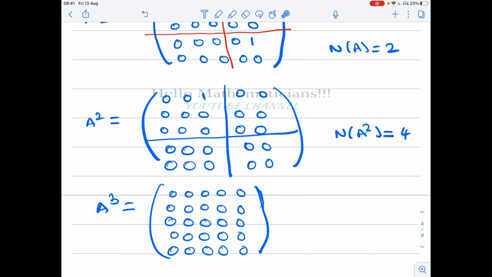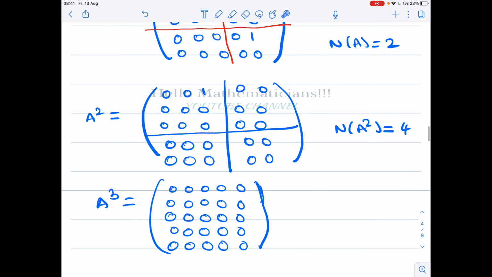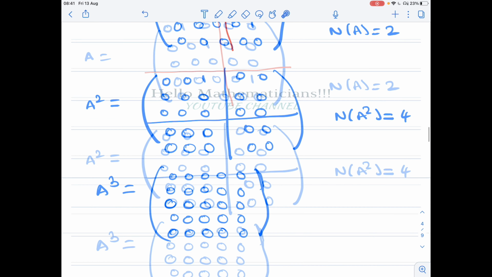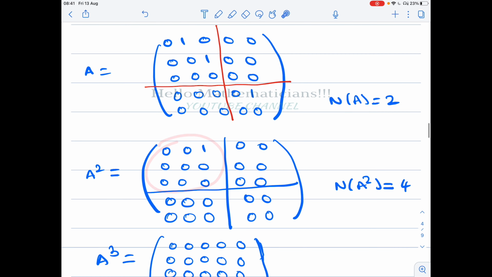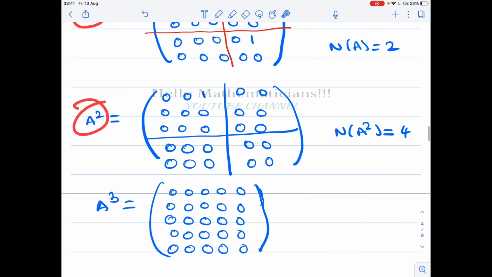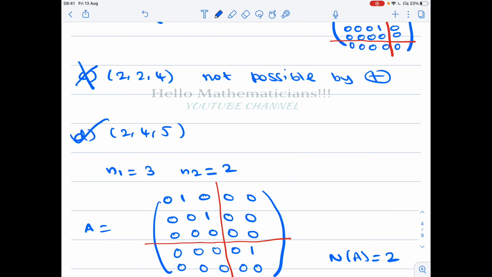When you multiply A with this A square, we get A cube. What happens is, this block becomes 0. So you can multiply these two matrices A and A square, and you will see that A cube will be the 0 matrix. That means the nullity of A cube is 5. Therefore 2 4 5 is indeed possible. Okay. Therefore we have solved all the 4 options.